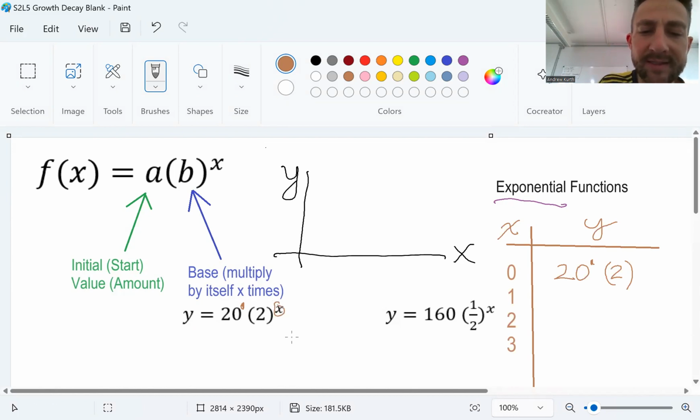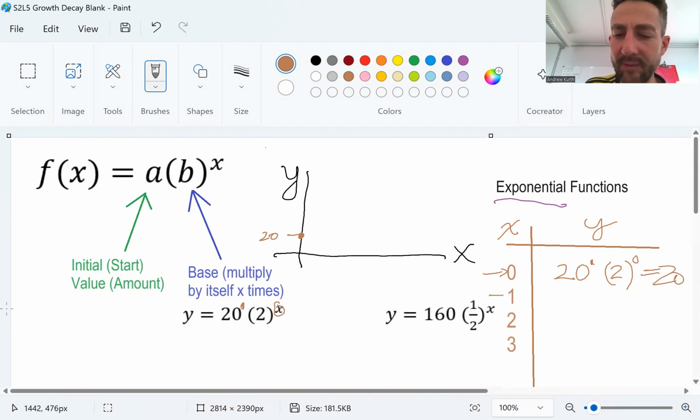So when x is 0, that means our exponent is 0. We said 2 to the 0 is 1. Anything to the 0 power is 1. So then 20 times 1 equals 20. So for x equals 0, y equals 20.